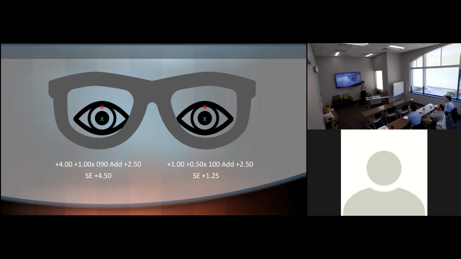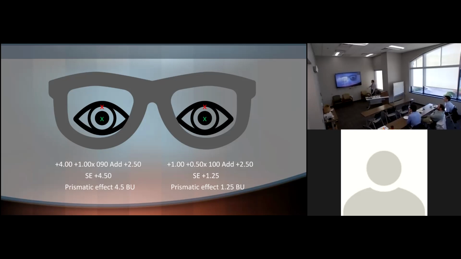When we assume that the patient looks one centimeter below the optical center when she looks down, she will have a net prismatic effect of 4.5 diopters multiplied by 1 centimeter, equal to 4.5 base up prism induced in the right eye, whereas in the left eye we have only 1.25 base up.